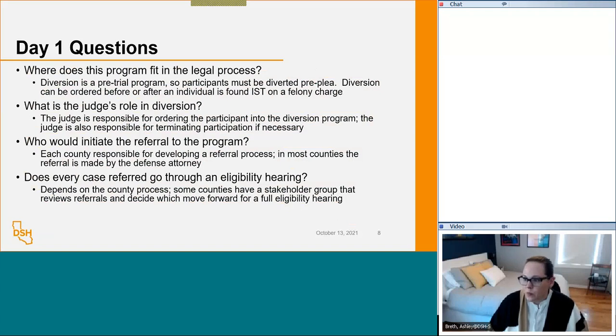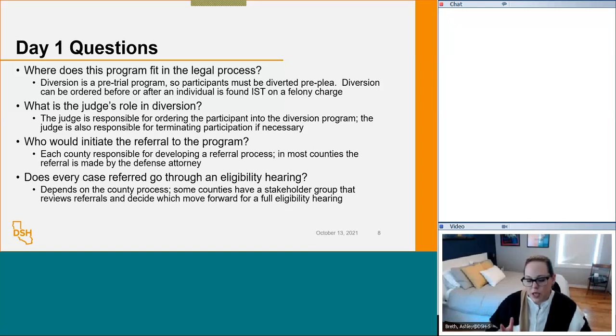Okay. Some more questions about the legal aspects of this program. Where does this program fit in the legal process? Diversion is a pretrial program. It's pre-plea, and it can be ordered at any point after somebody has been arrested and before they go to trial, or before they are admitted into DSH.